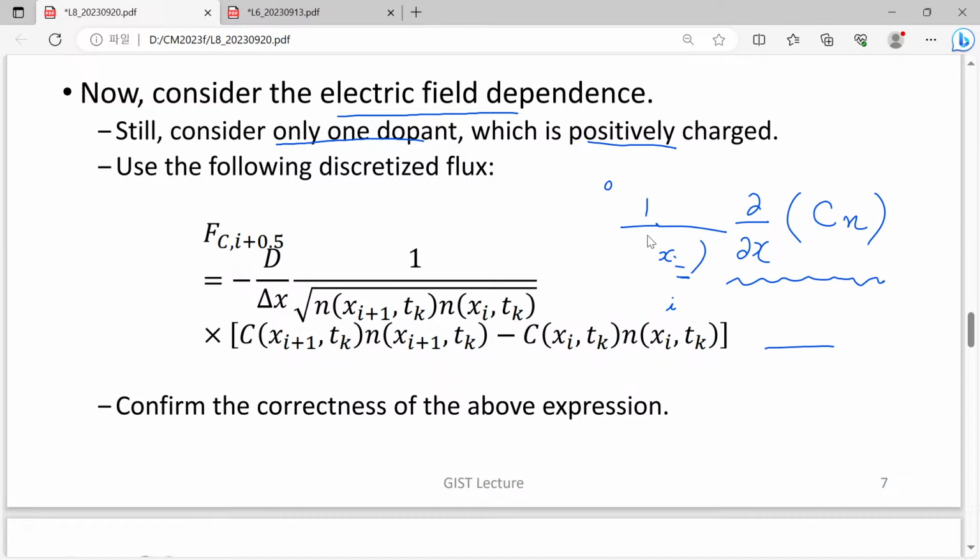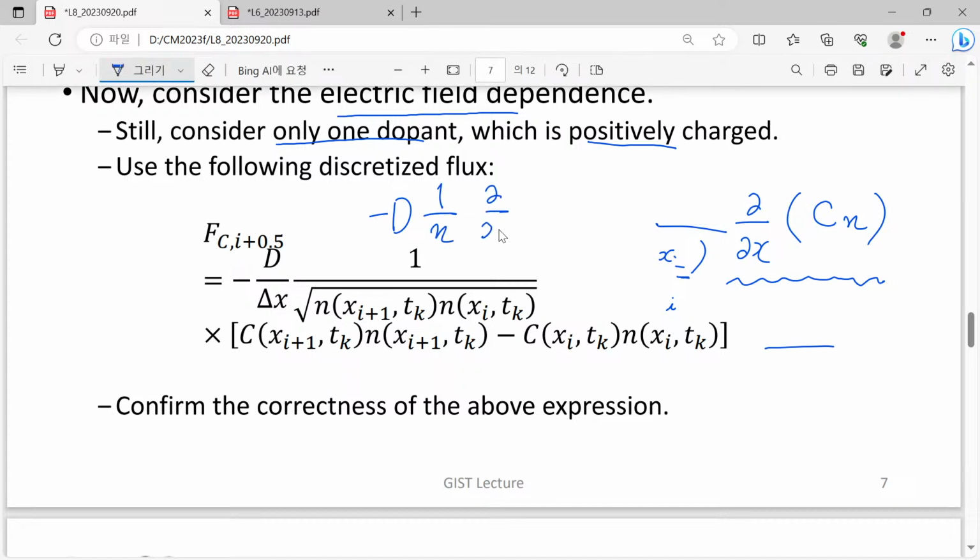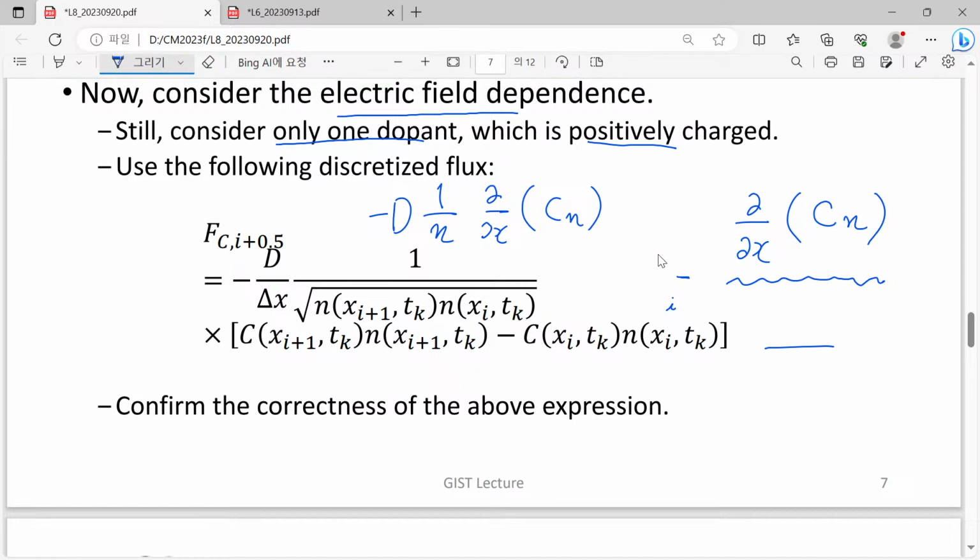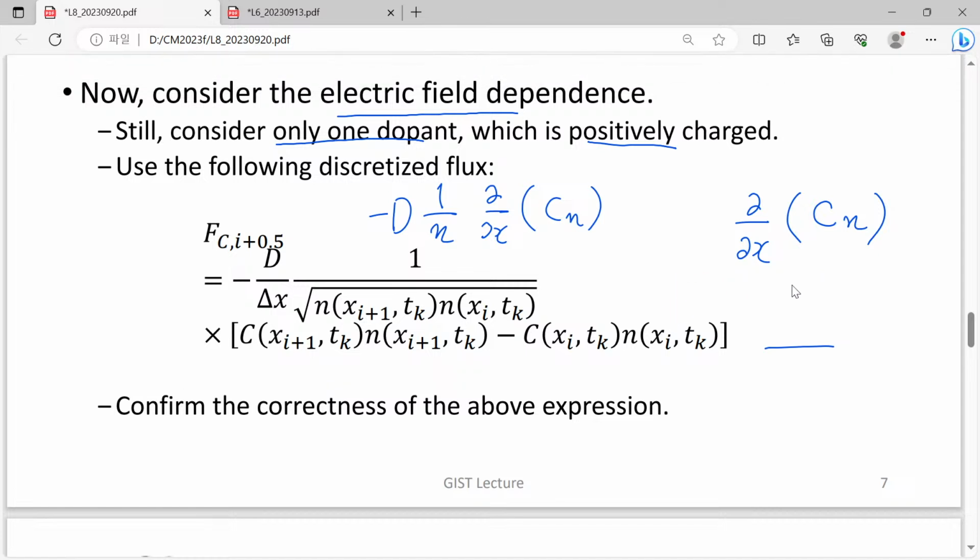So the flux term is given simply by minus d times 1 over n and the partial derivative with respect to x of c n. Okay, now you can understand this situation.